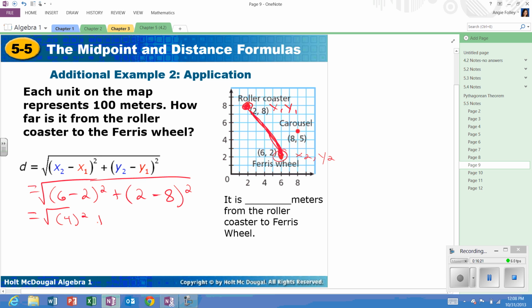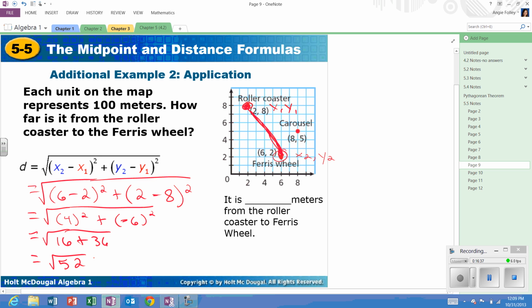So that's going to give me radical 4 squared plus 2 minus 8, which is going to be a negative 6 squared, but when we square everything, they're going to be positive. Now we're left with 16 plus 36, which gives us the square root of 52, okay?